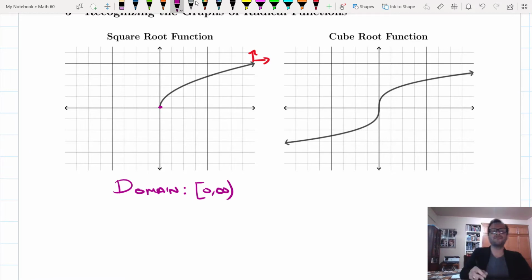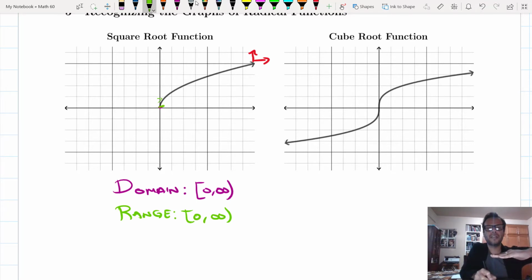All right. The range, on the other hand, is going to be the same. It's going to go from 0 to infinity. All right. Again, for range, we go from the smallest value all the way up, right?